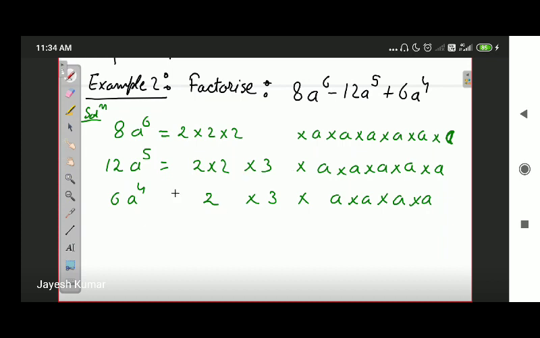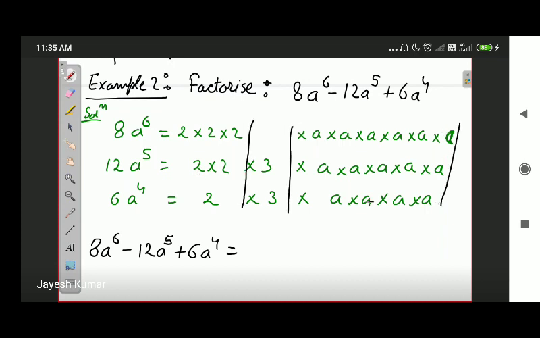So once again we will take common. So the expression is 8a6 minus 12a5 plus 6a4. So what you do is you group them accordingly and take as much common as possible. Common is 2, which should be present in all 3 expansions.